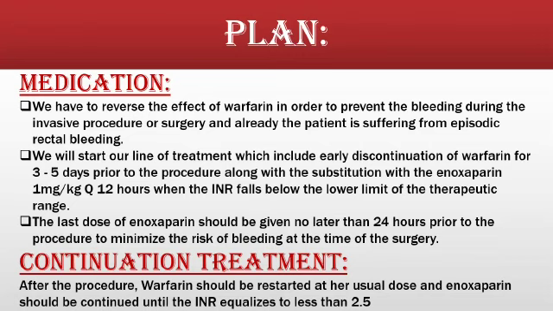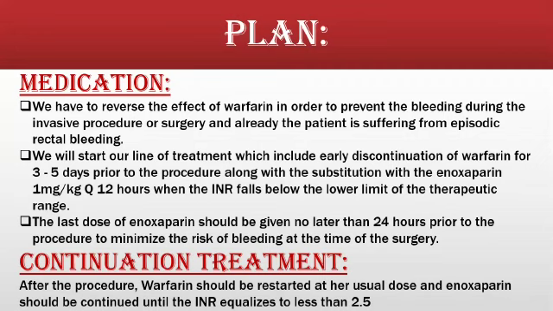Now, the last dose of enoxaparin should be given no later than 24 hours before. It means, for example, if you are having a surgery, you should give the last dose of enoxaparin just 24 hours before the surgery. If it is given 48 or 72 hours prior, then there will be no assurance against the risk of bleeding.